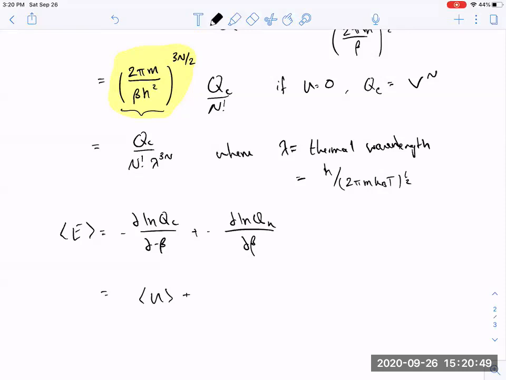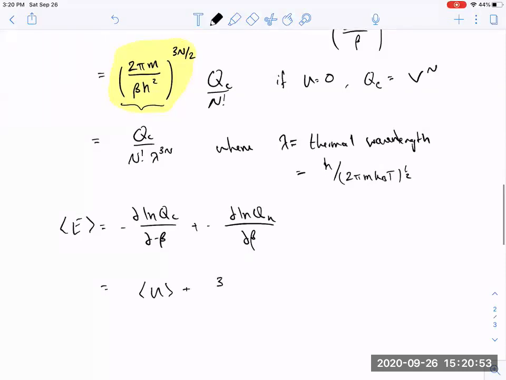The minus sign out in front of that derivative cancels that minus sign, and I'm left with 3n over 2 factors of 1 over beta, which is kBT. So essentially 1 factor of 1/2 kBT for each of the 3n momenta that the particles have.